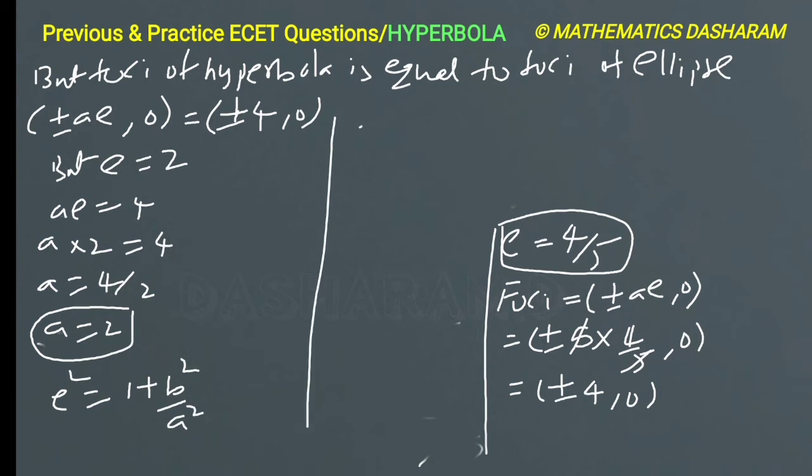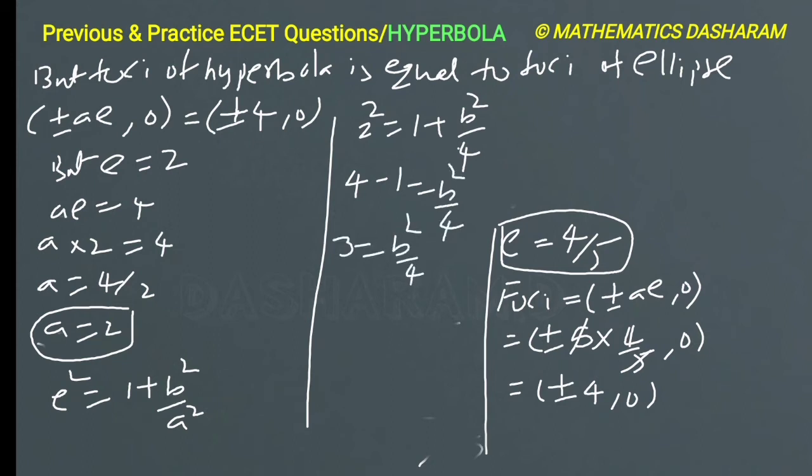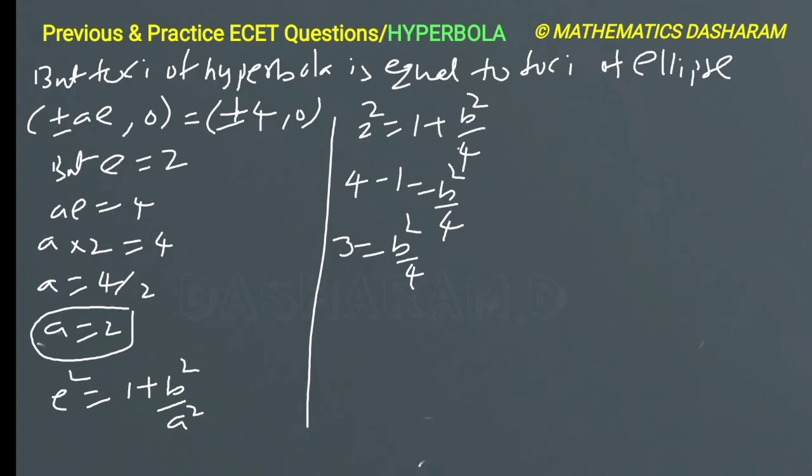So e square, the e value 2 squared, is 4, equals 1 plus b square divided by a square, a value 2 squared, that is 4. So 4 minus 1 equals b square by 4. 4 minus 1, 3, equals b square by 4. Then 3 into 4 is 12, so b square equals 12.